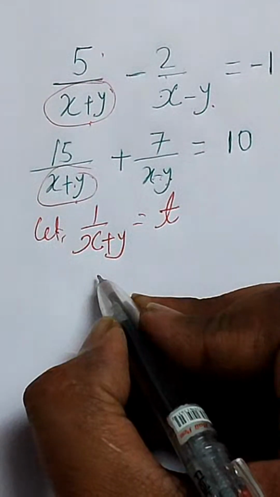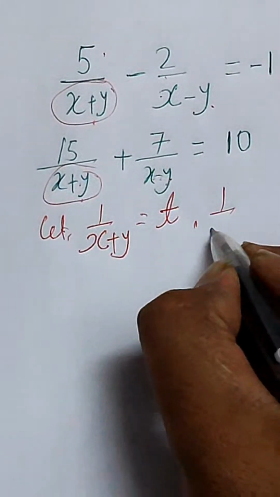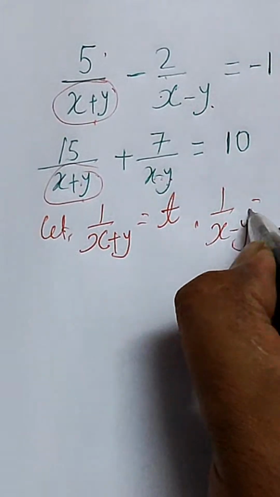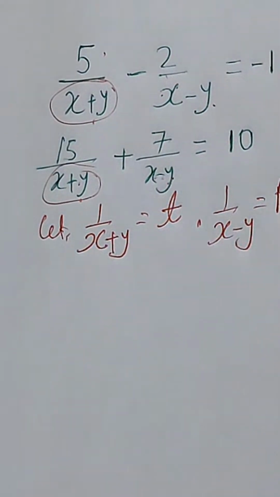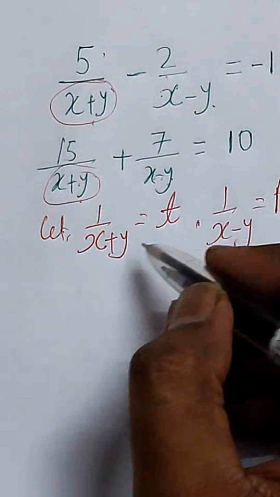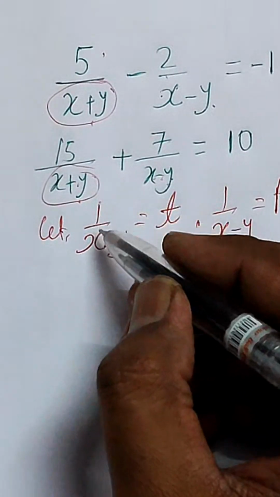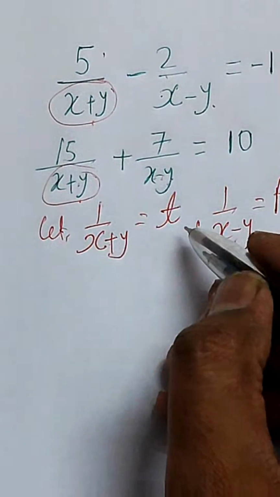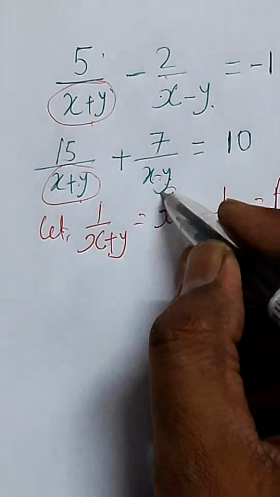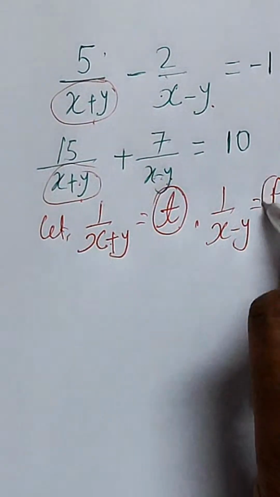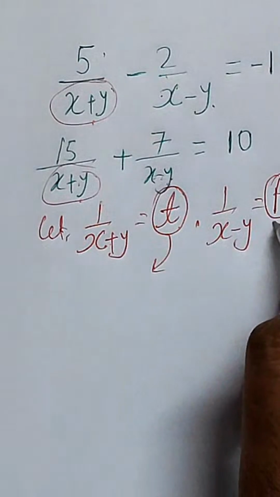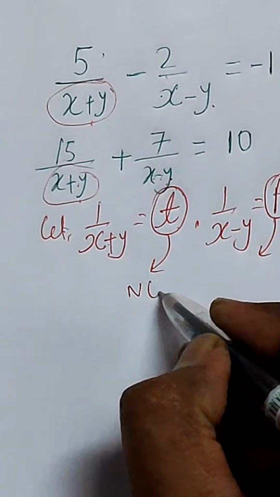And let us assume 1 by x minus y as p, right? If the value of this variable 1 by x plus y is equal to t, that means these are the new variables with you. T and p are new variables.